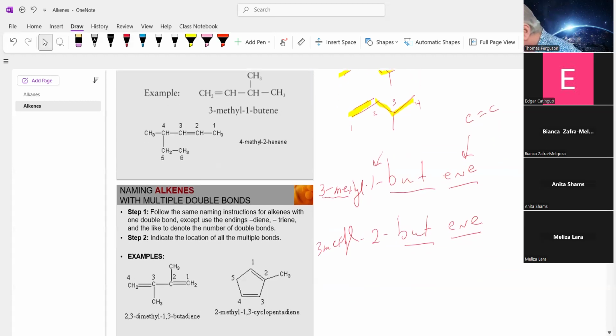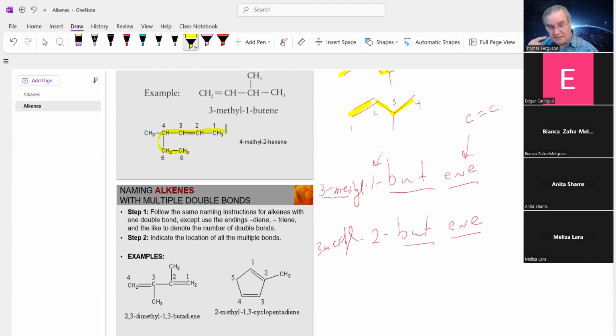And this one here, we're looking at the backbone. And if we number from right to left, we're going to get a lower number. So it's going to be on carbon number 2. And then the methyl branch is going to be on carbon number 4.